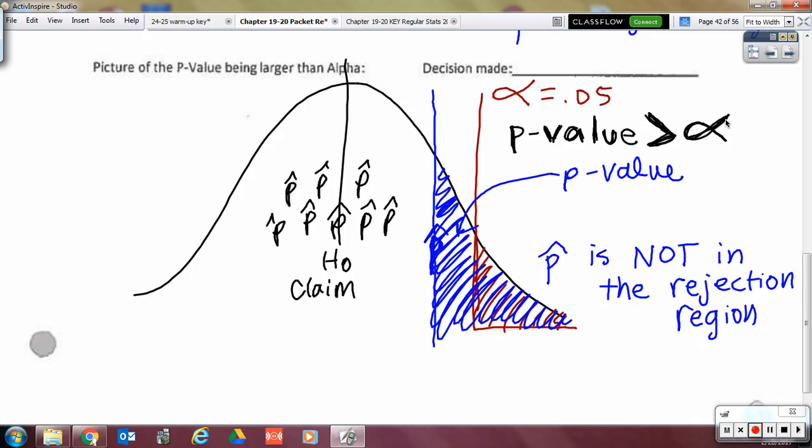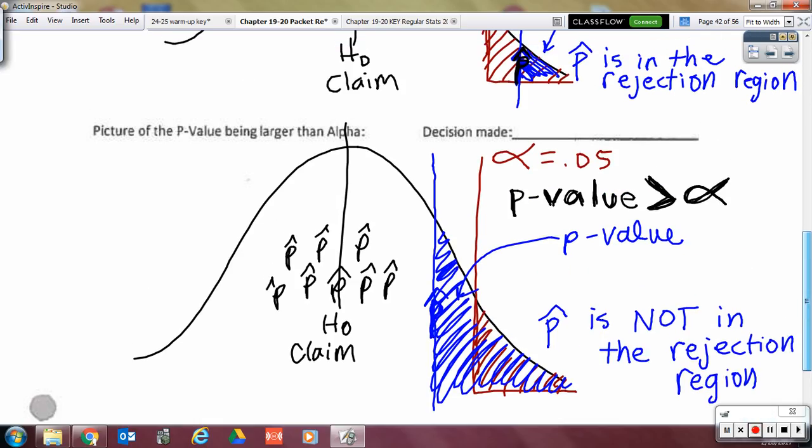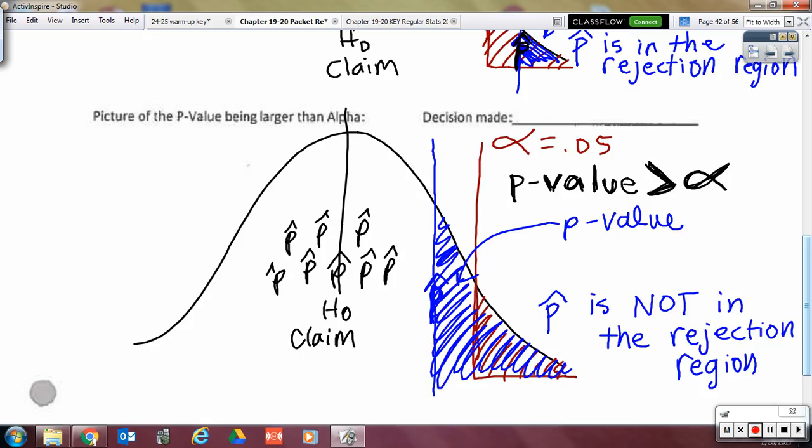Now, we cannot say we accept the null hypothesis, and I'll go over why shortly. I cannot say, oh yeah, you're right, it is 0.2. I just do not have the evidence to reject it. So what we say is that I fail to reject H0.